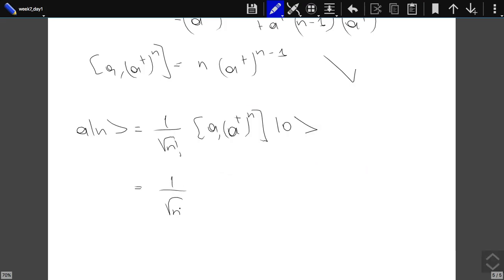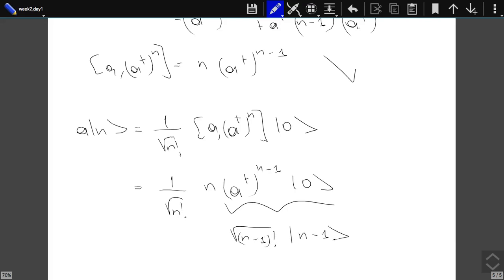This is equal to 1 over square root of n factorial. Well, that commutator is just n times a dagger to the power n minus 1 acting on 0. This whole thing is just square root of n minus 1 factorial multiplied by the n minus 1 ket.